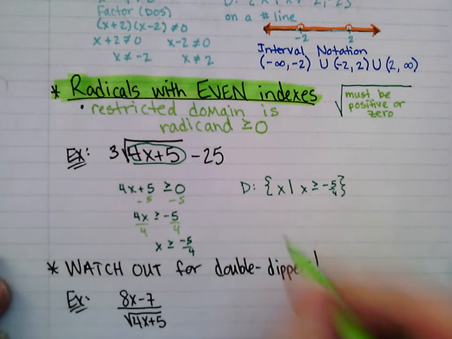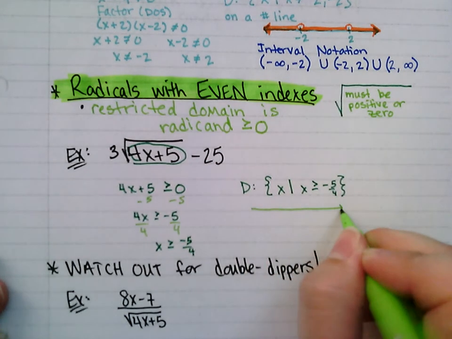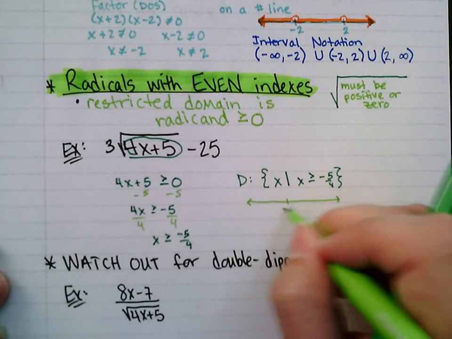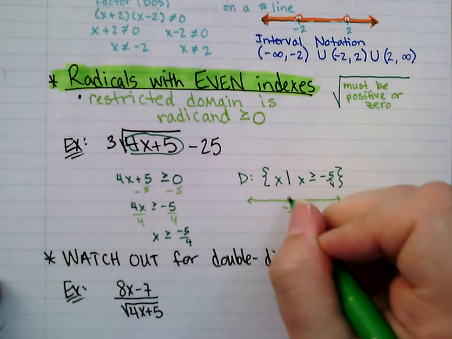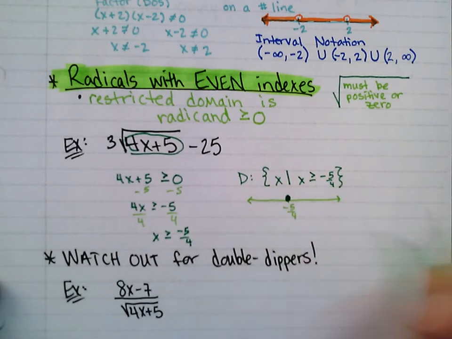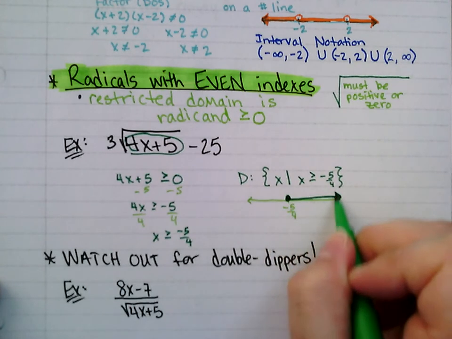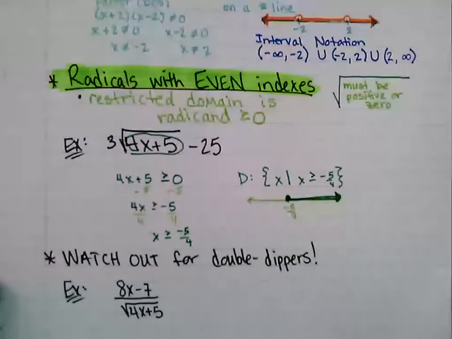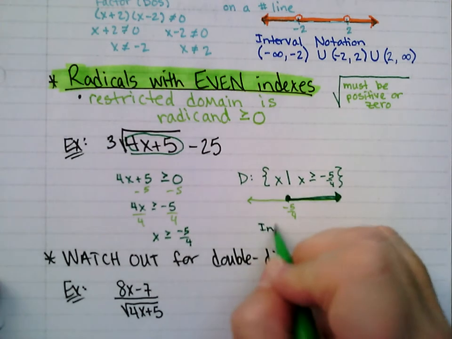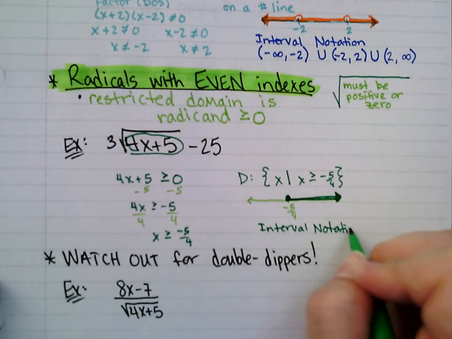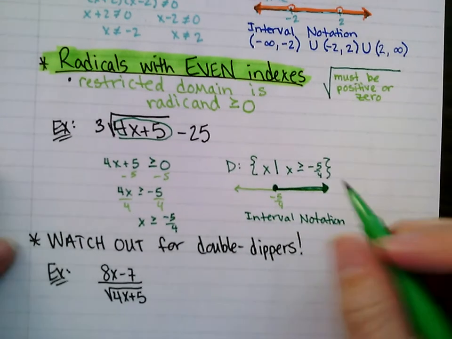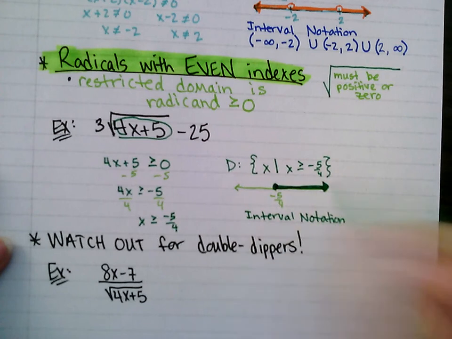On a number line, I'm going to have -5/4. X is greater than or equal to that, so that gives me a closed circle and everything to the right. And then in interval notation, again, we'll go over interval notation more in section 1.5, so don't panic too much if you're unsure about it.